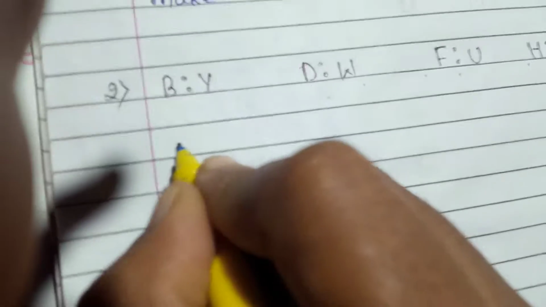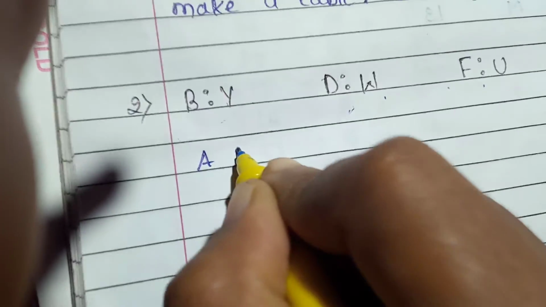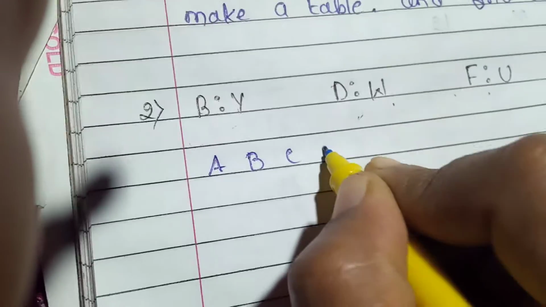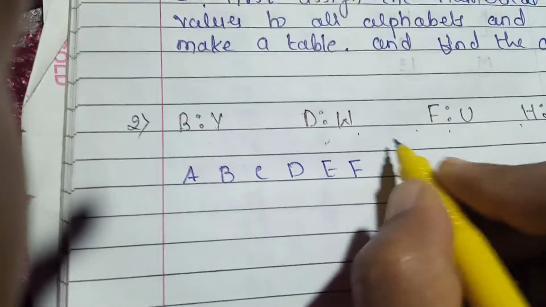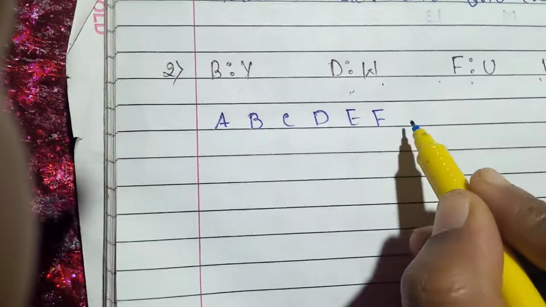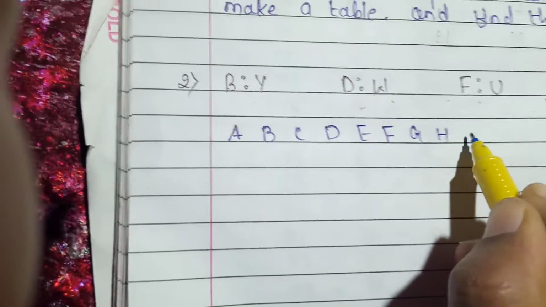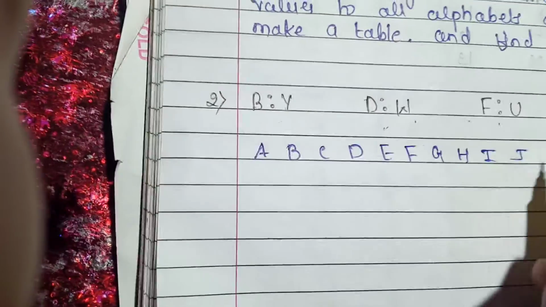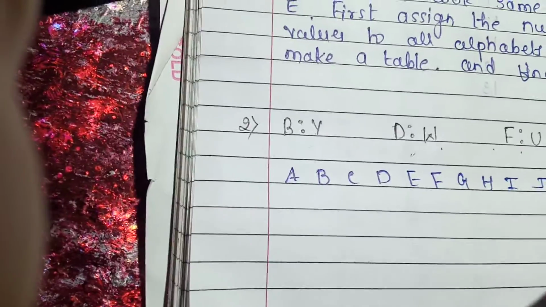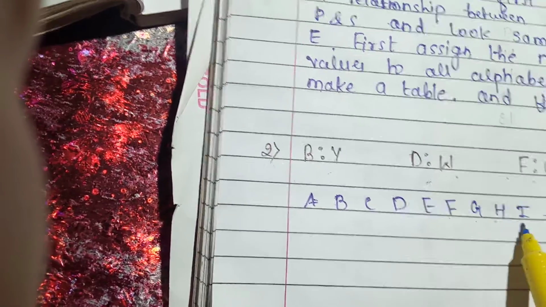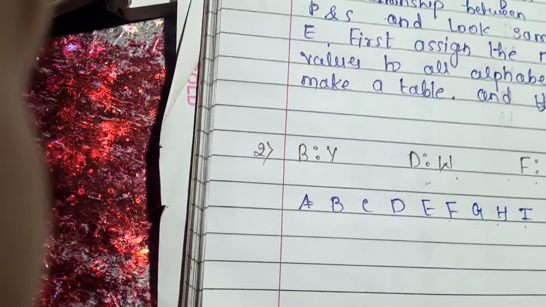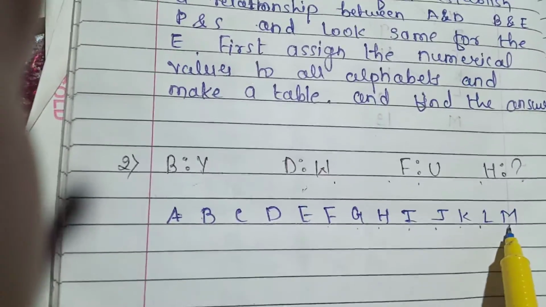So write down like this: A, B, C, D, E, F, then G, then H, I, J, K, L, M. 1, 2, 3, 4, 5, 6, 7, 8, 9, 10, 11, 12, 13. So here 13 letters are there.